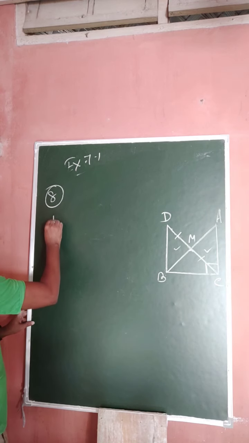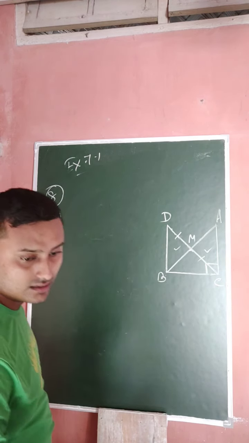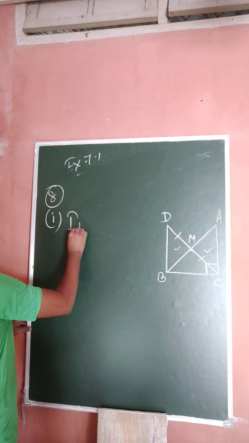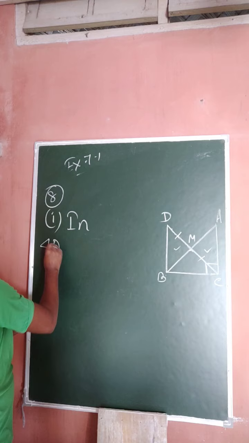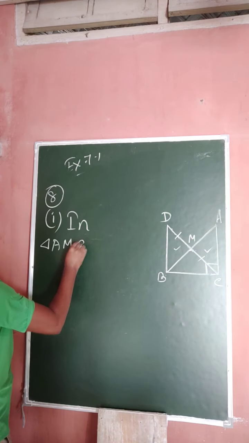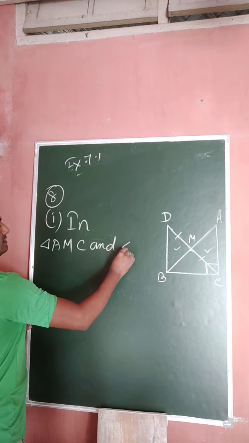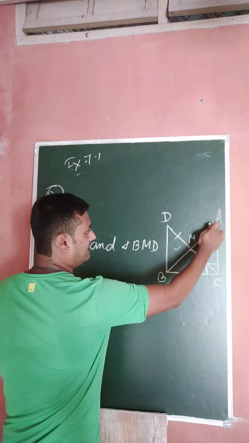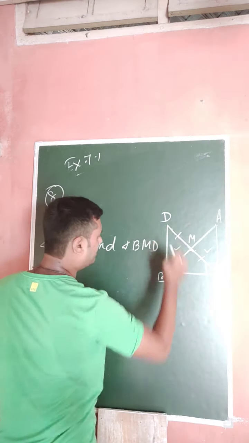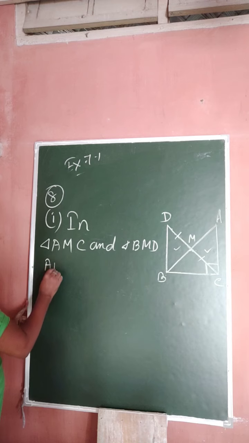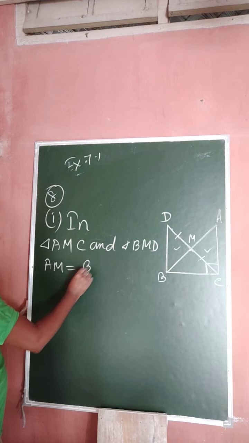So directly we prove the first one: triangle AMC is congruent to triangle BMD. In these two triangles, AMC and BMD, the first thing is you have to write that AM is equal to BM.